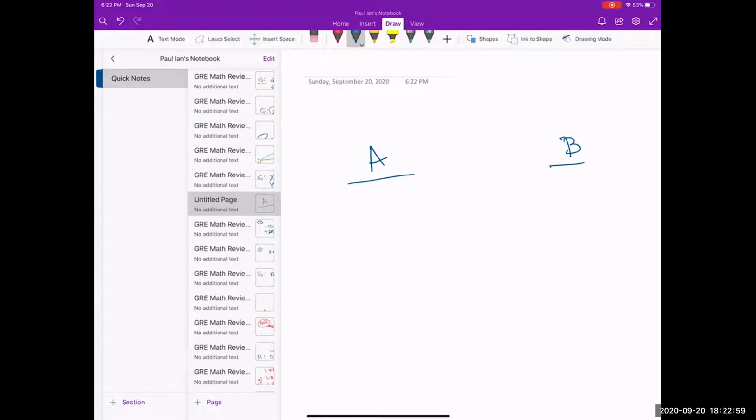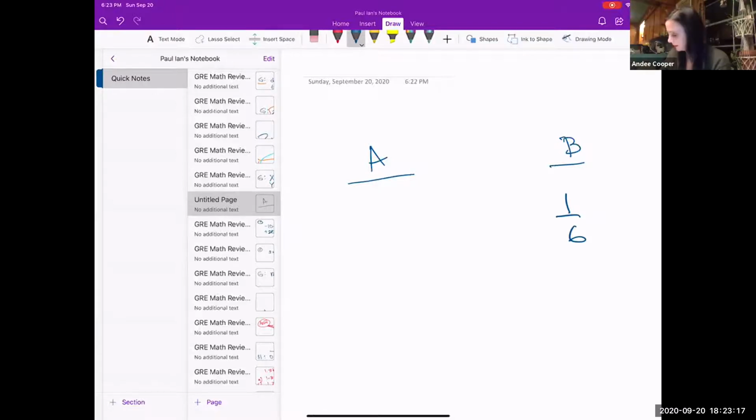Okay, so for this one, let's see. This one is 1/6. Do you remember statistics, like the bell curve? That's what it means by saying it's normally distributed.